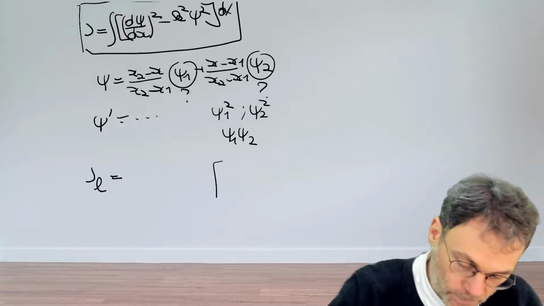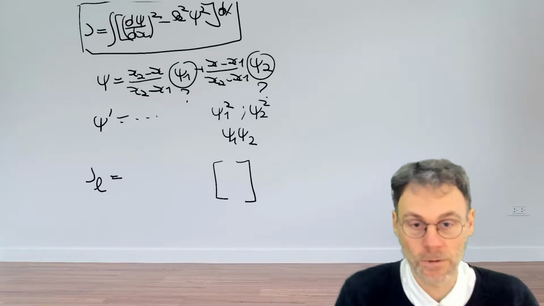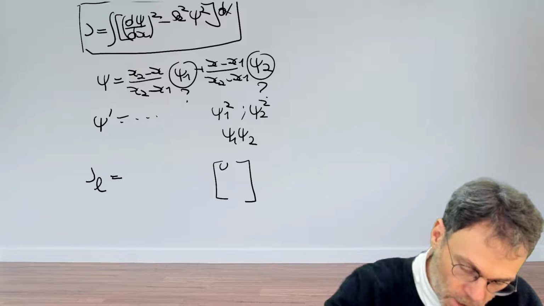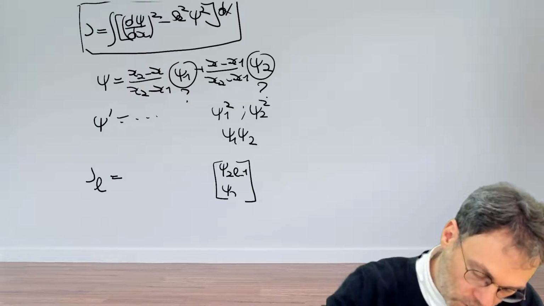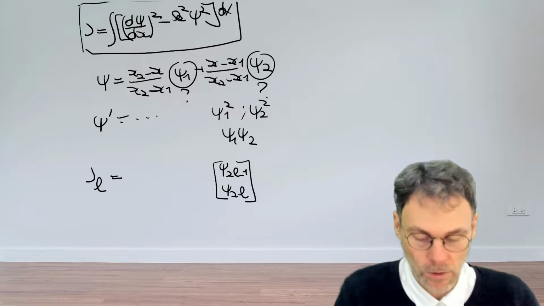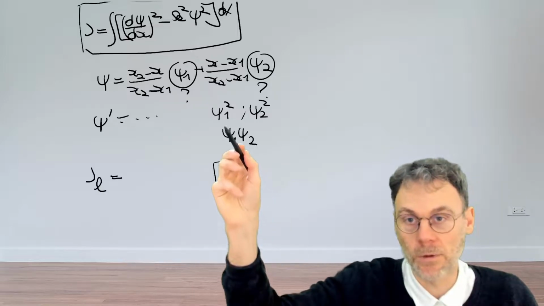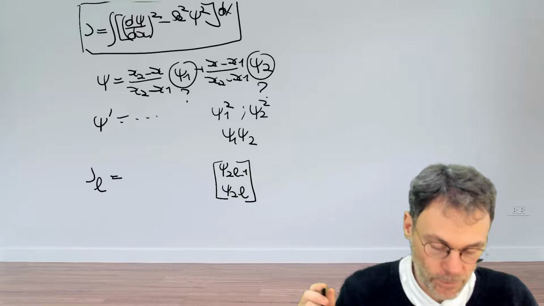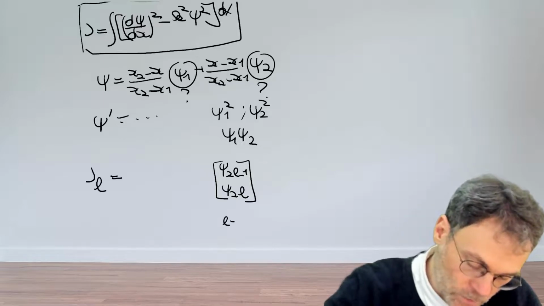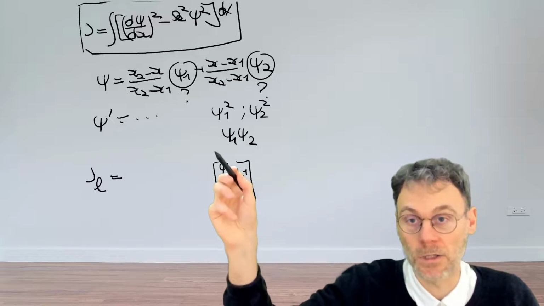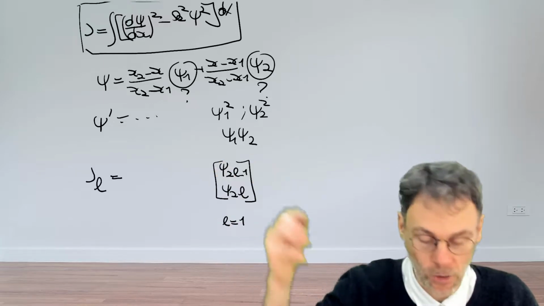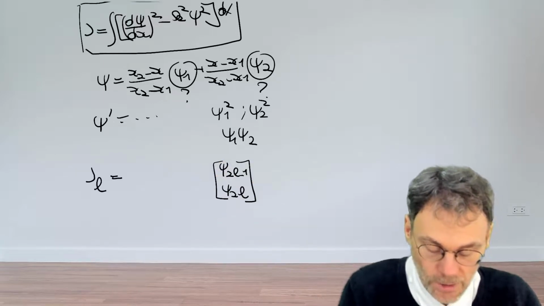So if we have, for example, a column vector of our unknowns, and let's call these psi 2L minus 1 and psi 2L. Does this indeed correspond with, for example, psi1 and psi2 for the first element? Well, if you have L equal to 1, if you call the first element element 1, indeed you get psi1 and psi2.